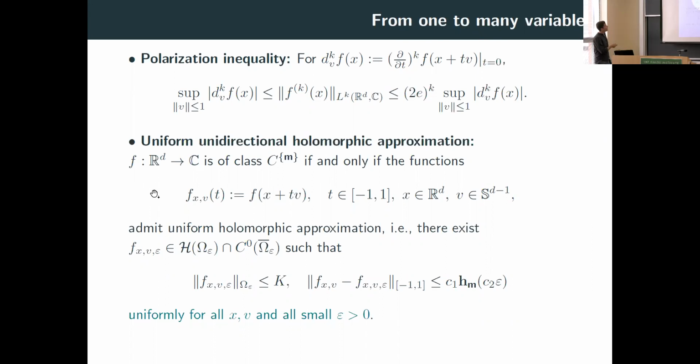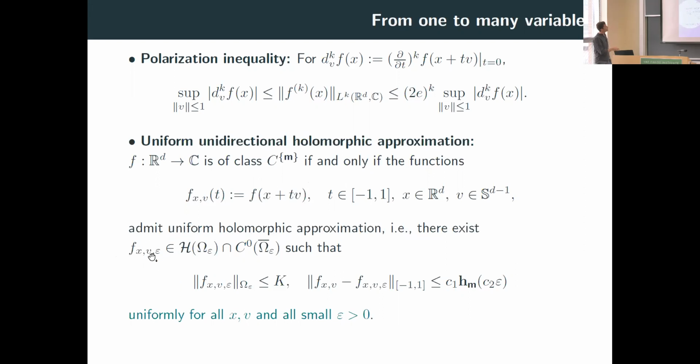So it turns out that a function on Rd is of class Cm if and only if all the restrictions of f to line segments, at all points and in all directions, admit uniform holomorphic approximation in the following sense.